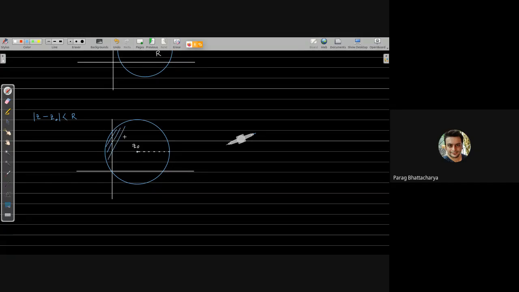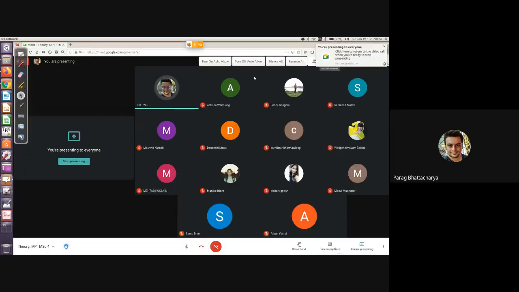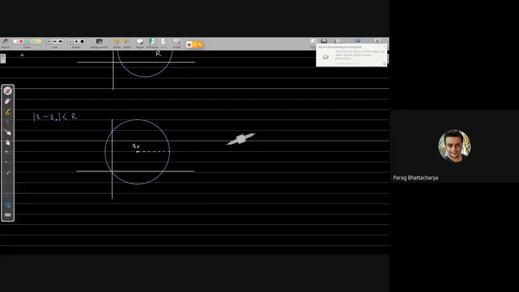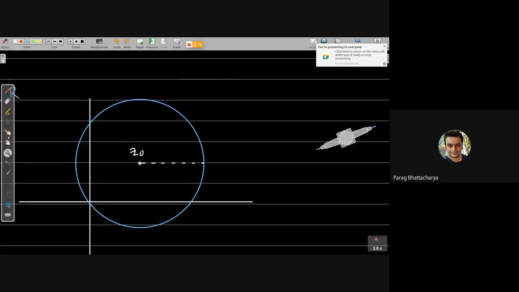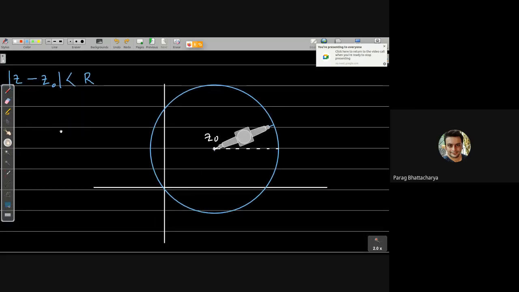Let me be a little more clear about this. For that, let me zoom in a little bit. Because this is less than r, it does not include the circumference. So essentially, we are talking about a circle which is slightly inside.